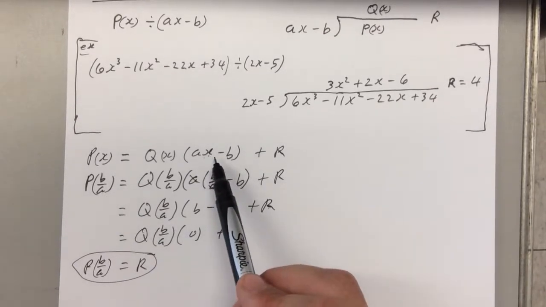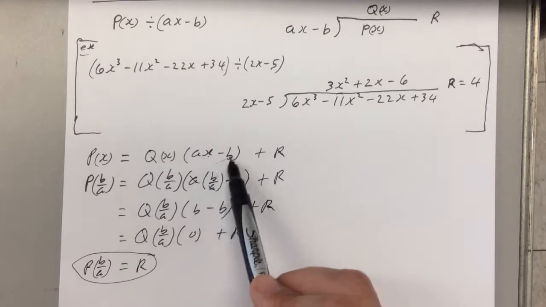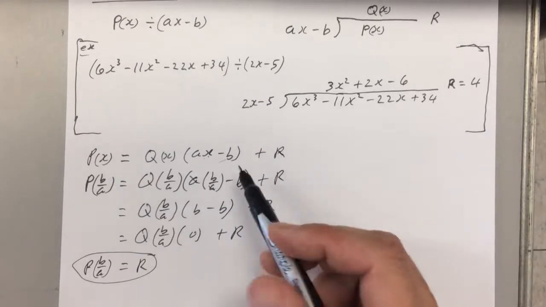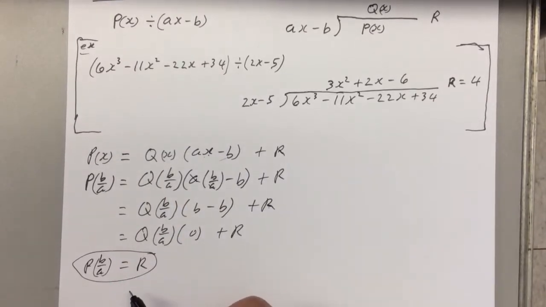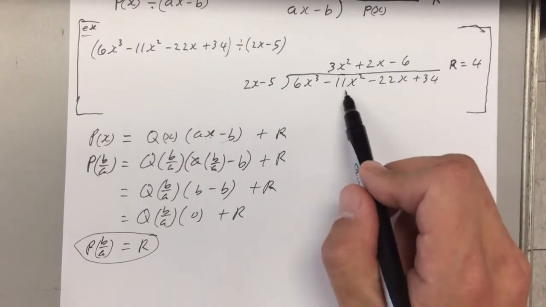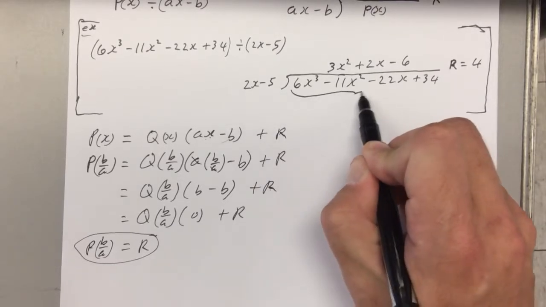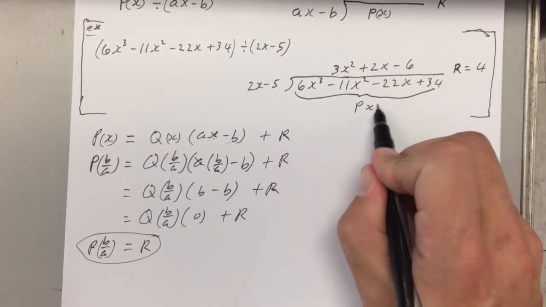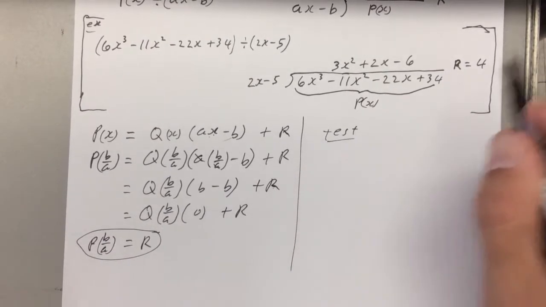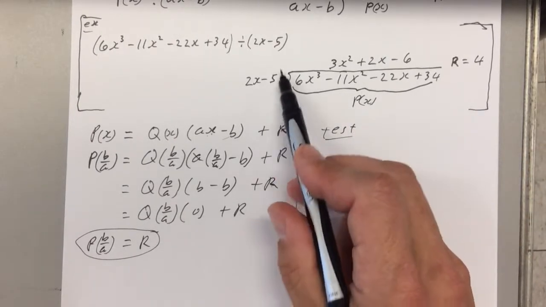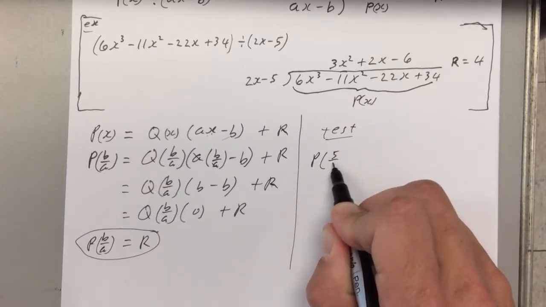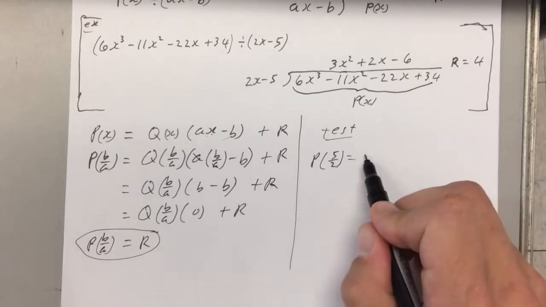So this factor, if we take the value that makes that factor 0, so the root, or the 0 of that factor, and we plug it into the polynomial, it will get us the remainder. Okay, so that, in fact, is the remainder theorem. And we can test it in this one here. We can look at this, call that p of x. Okay, so as a test, if we try the value that makes that 0, p of 5 over 2, we plug that in.